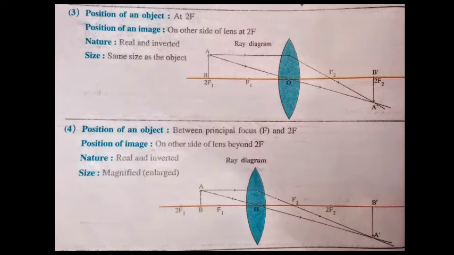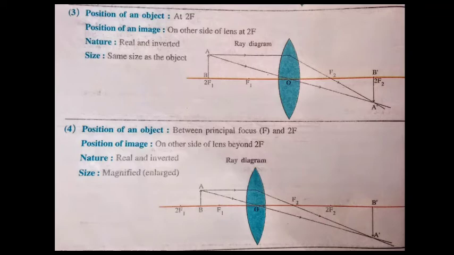In the same way, from point B we get another ray which passes through the optical center without deviation, through O, and meets at B dash. So, we get the image on the other side of the lens at the 2f position. The nature of the image is real and inverted, and its size is the same as the object size. So keep in mind, when we keep the object at 2f, we get the image on the other side at 2f, with the same size, real and inverted.